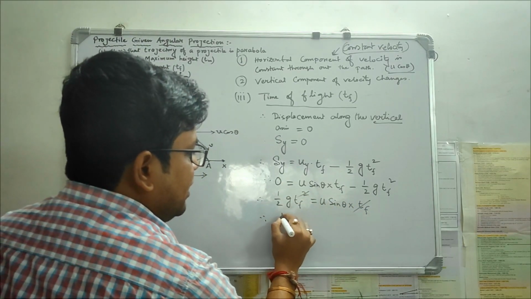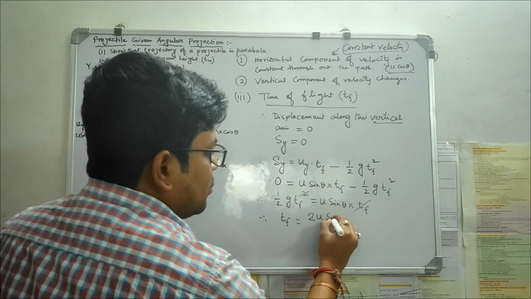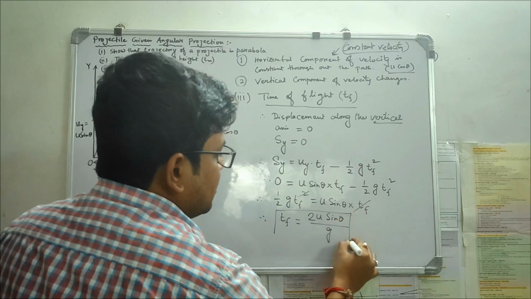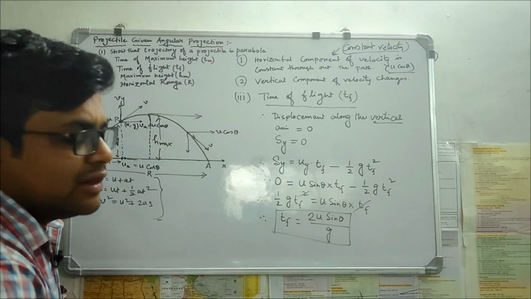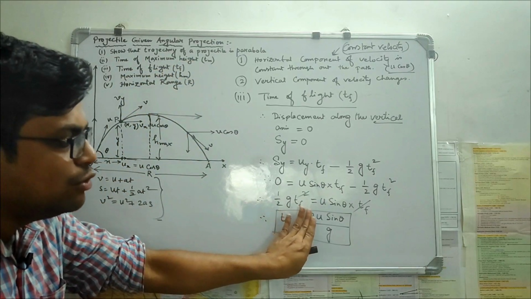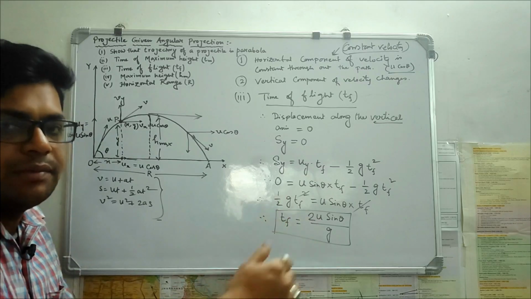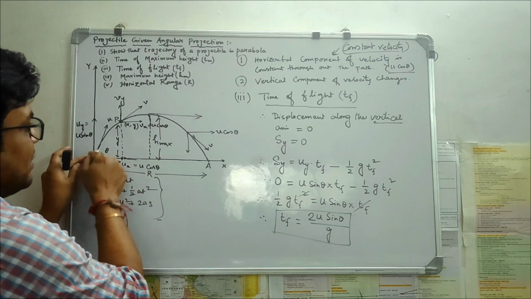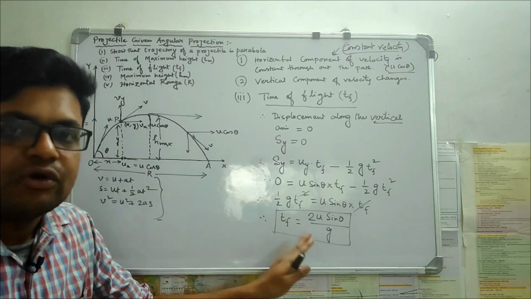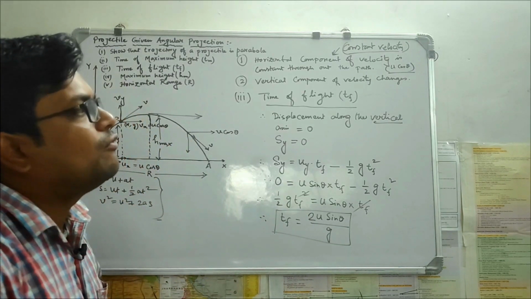So that means TF, the total time of flight, is 2U sin theta by G. The last equation, the time required to reach the maximum height, was only U sin theta by G. Now it is 2U sin theta by G, which is just double. So how much time it will take from here to here, just double kar do toh yahan se yahan tak lag jayega, theek hai? 2U sin theta by G. So this is the formula for time of flight.